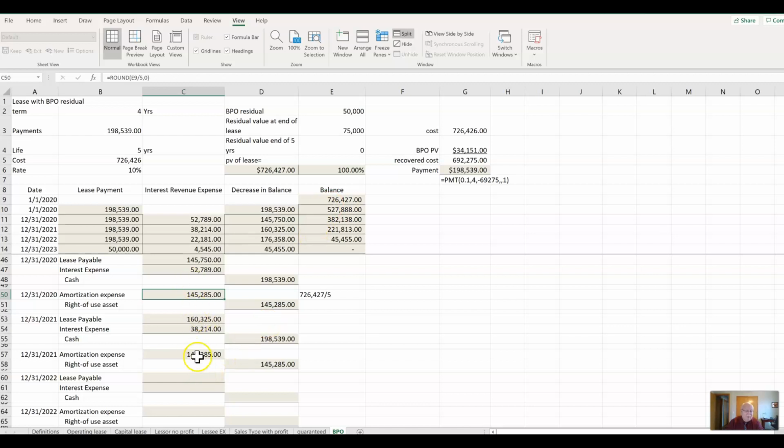Okay, because it says here residual value at the end of 5 years is 0. At the end of 4 years it's 50,000. So we just don't worry about it. It's going to be 0. Okay, in 2022 then, it's 176, 22, and 198. Amortization expense is the same dollar amount.